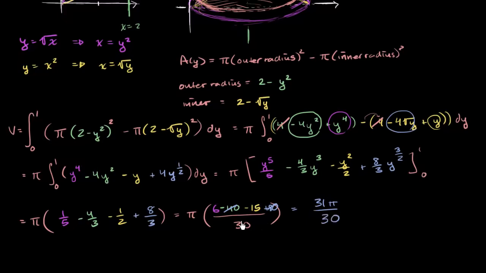I have a suspicion that I might have done something shady in this last part. I'm going to do it one more time. 80 minus 40 is 40. Plus 6 is 46. 46 minus 10 is 36. Minus another 5 is 31. So yes, we get 31 pi over 30 for our volume.